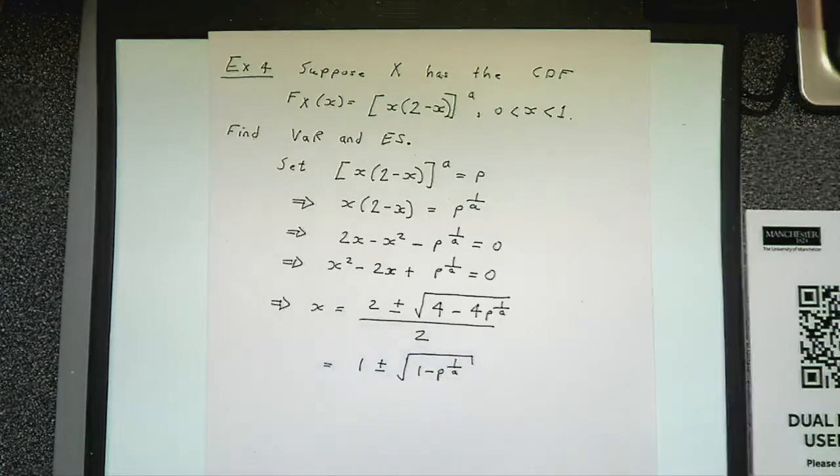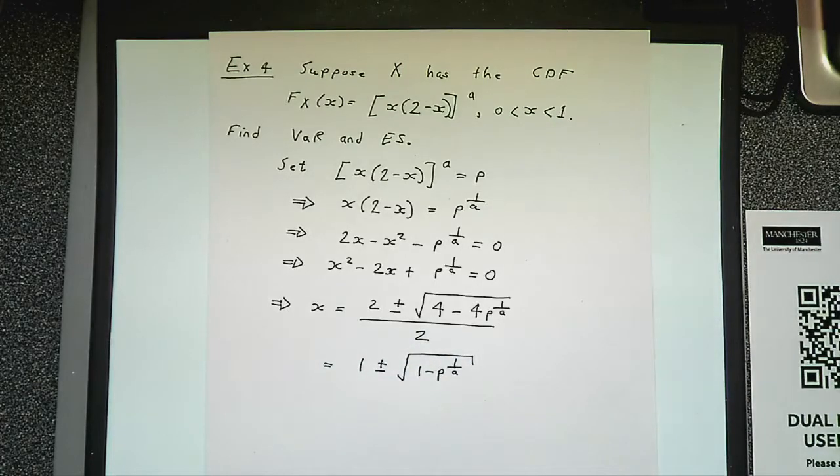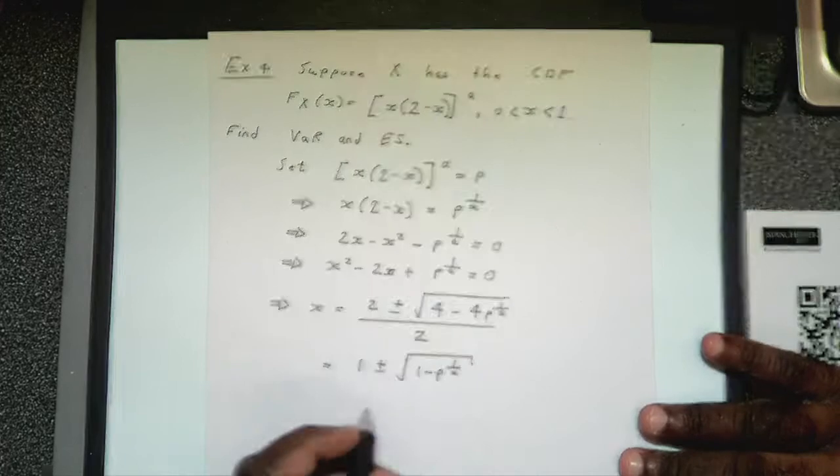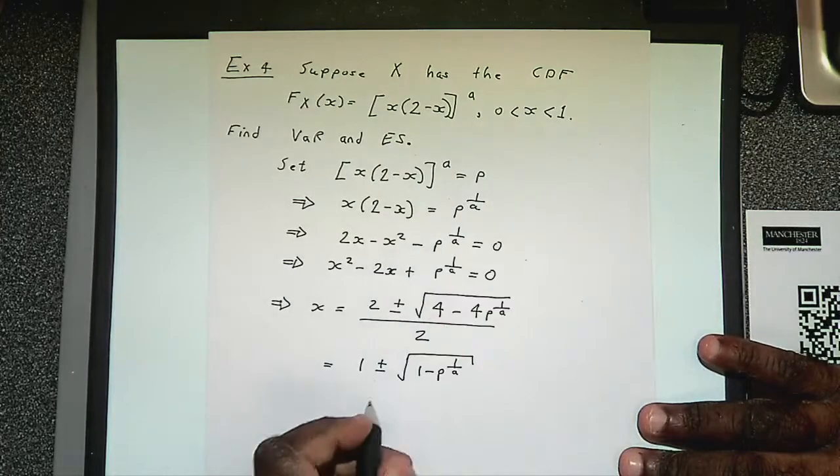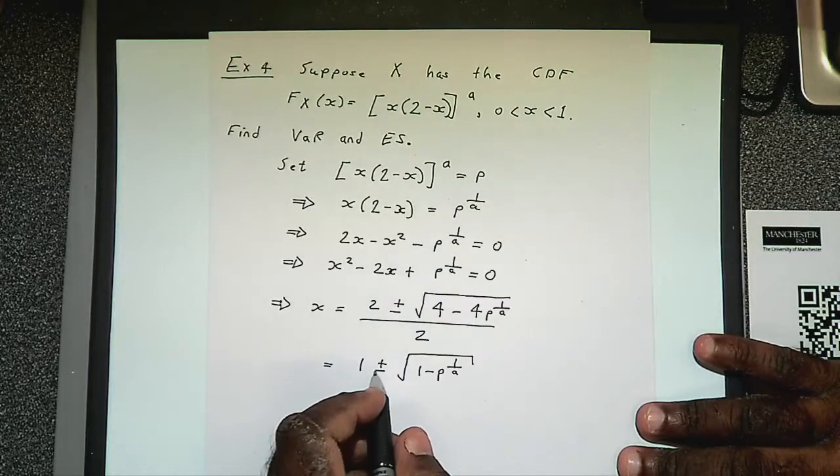Right. Now let me ask you, there are two roots here. Which of the roots is valid, or do you think both roots are valid? Why is that? Yeah, okay, sure. Since x is between 0 and 1, the positive root cannot be valid, right?